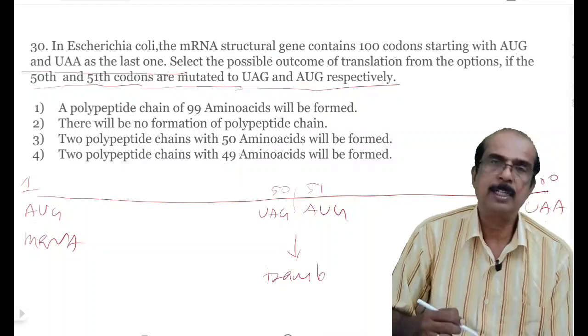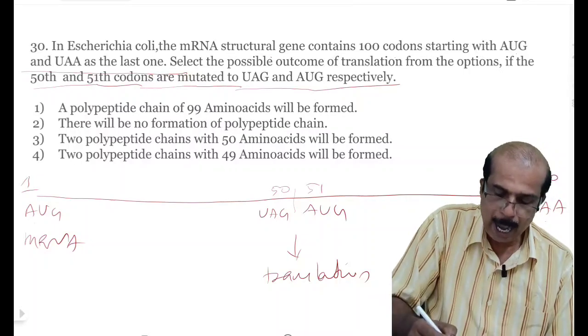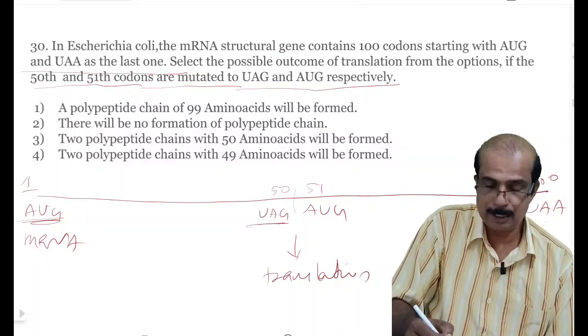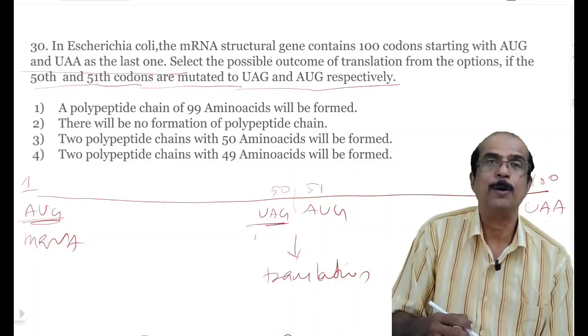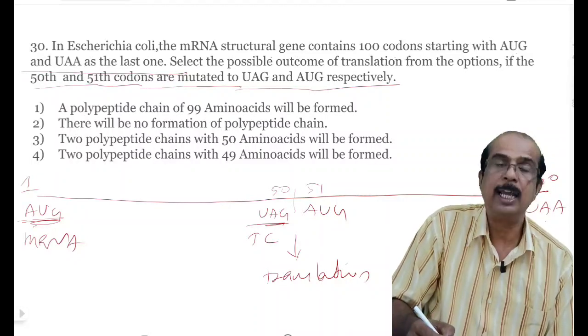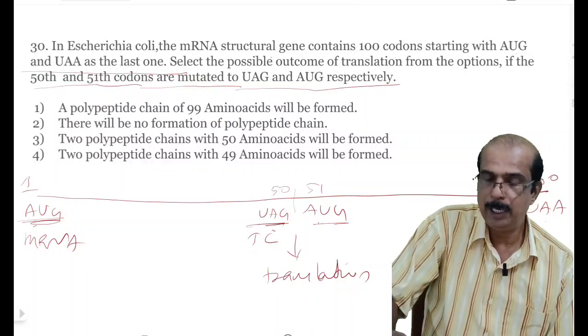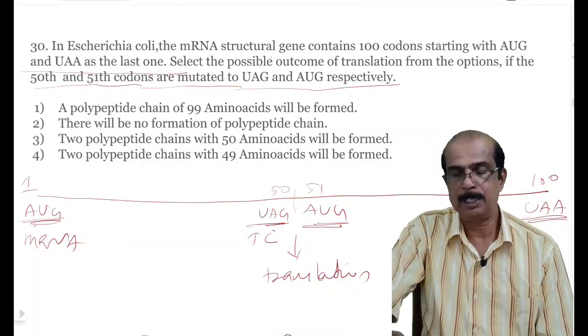Here you see this is the initiation codon and the 5th codon is now a termination codon. Here the translation starts, here translation ends. Then 51 is also an initiation codon, and UAA is the old termination codon.